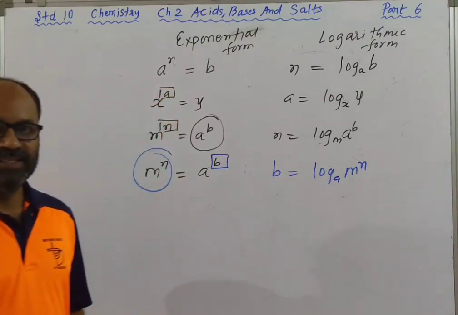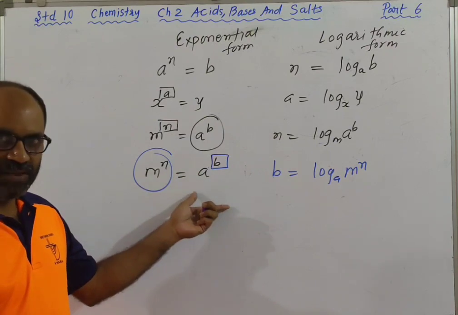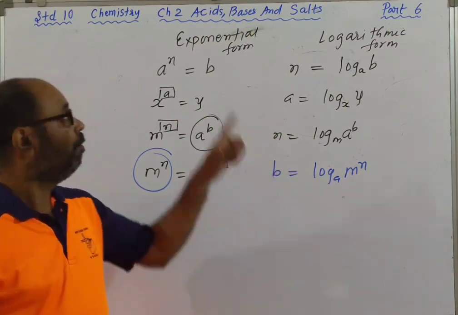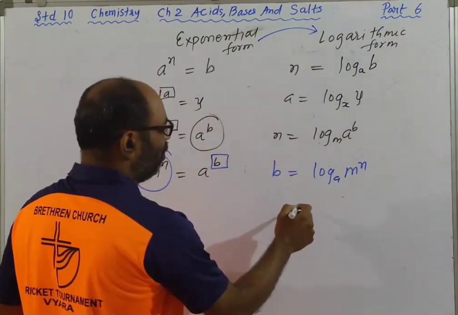That is how you can convert any power with its value into logarithmic form. Exponential form is converted into logarithmic form.